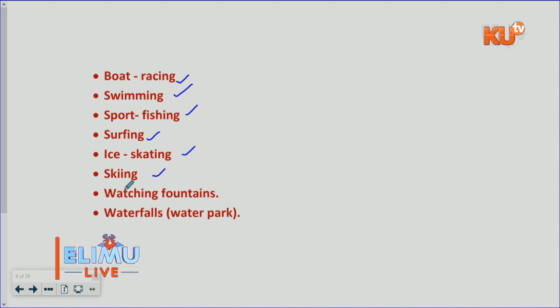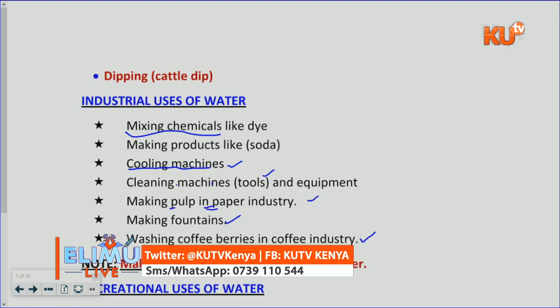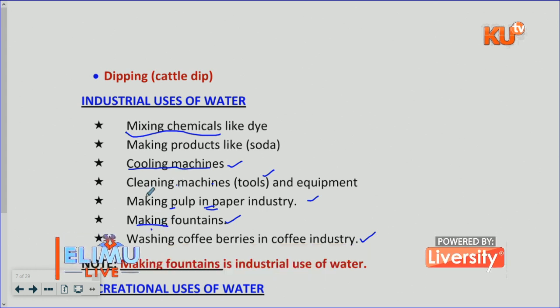And then I added there the one I have elaborated, watching fountains. The keyword there is watching. Earlier, when I was on industrial use of water, making fountain, the keyword is making, to make. To make is industrial.